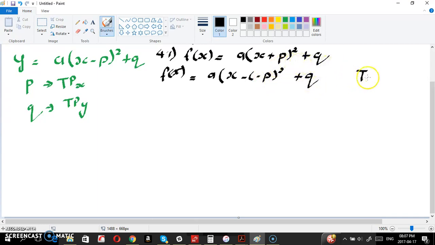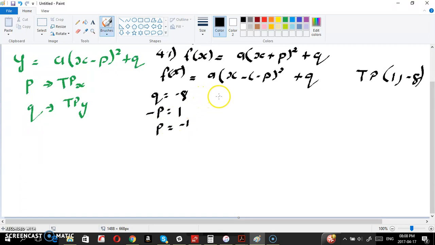Now remember that they gave us the turning point, which was 1 and -8, right? Which means that I can automatically say q is equal to -8. We know that. And then I can say minus p is equal to 1. Therefore p is equal to -1.